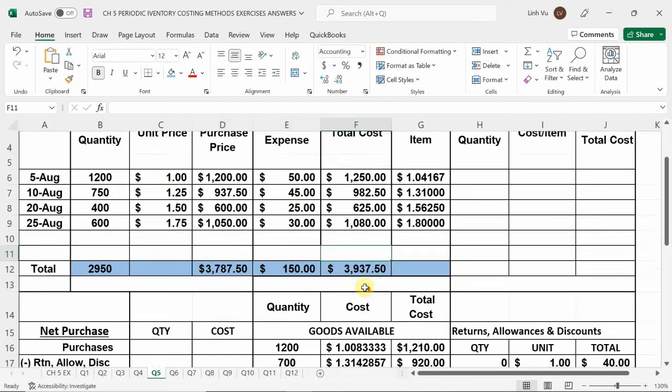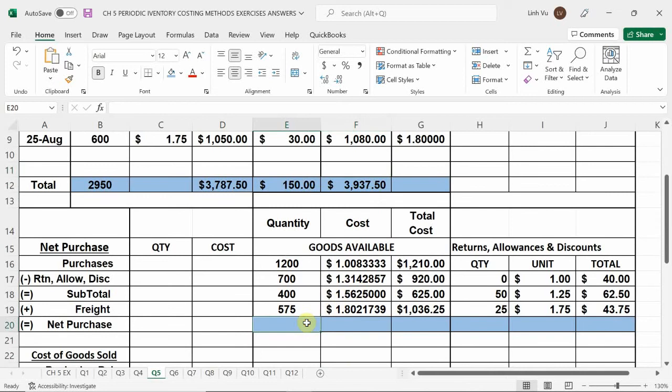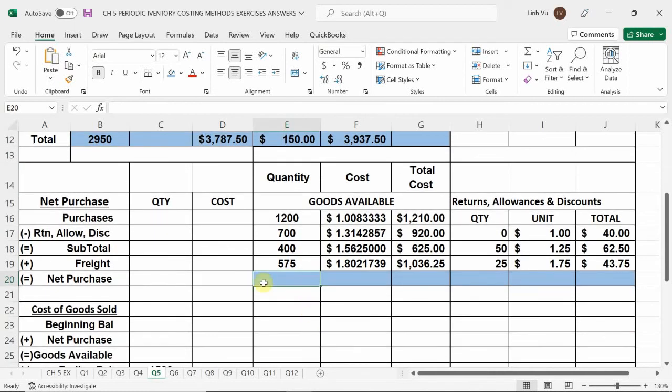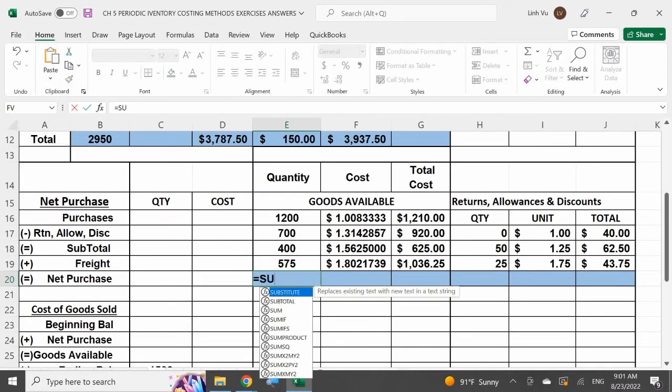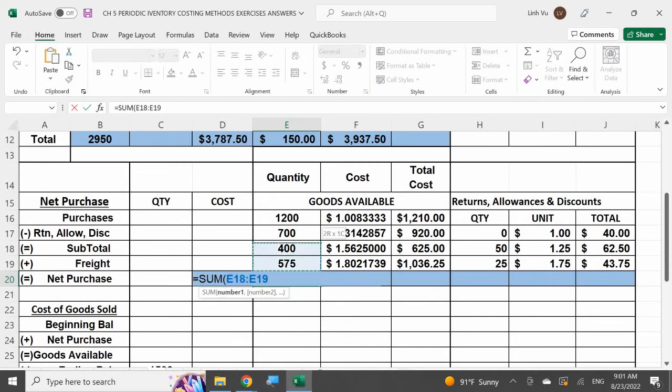All right. So then let's go ahead and solve for my goods available and then my returns. In this case, how many goods do I have available? 2,875.